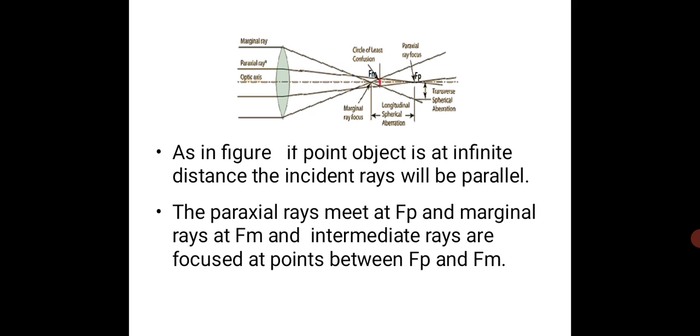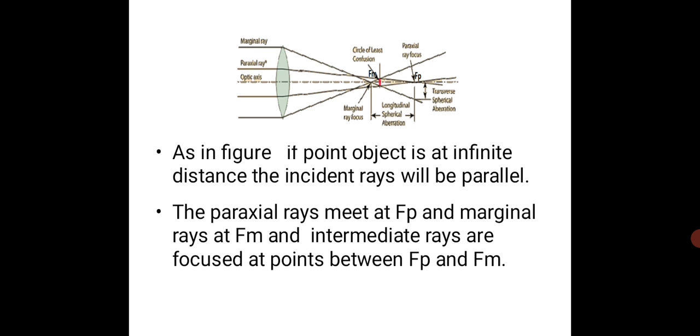As illustrated in the figure, the point object is at infinite distance, so the incident rays will be parallel. The paraxial rays meet at Fp and the marginal rays meet at Fm, and the intermediate rays are focused at points between Fp and Fm.